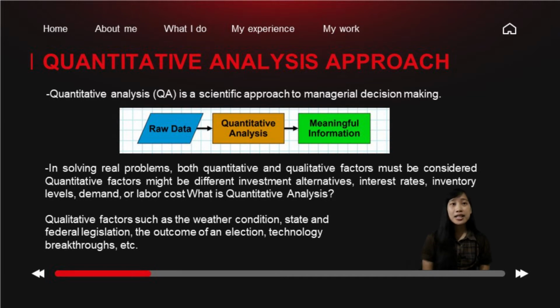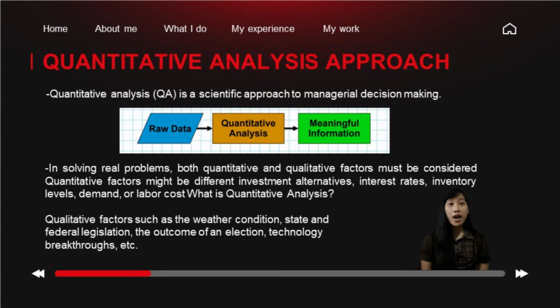Quantitative analysis involves the investigation of factors that lead to meaningful information that they can act on and that aids in making a decision. In solving real problems, both quantitative and qualitative factors must be considered. Quantitative factors might be the different investment alternatives, interest rates, inventory levels, demand, or labor cost.